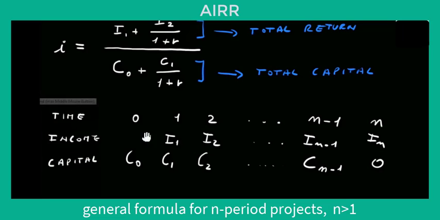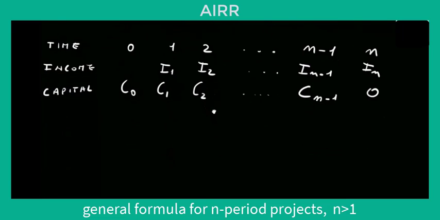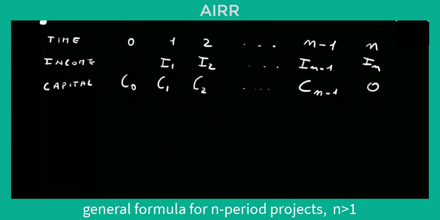Now the rate of return of this multi-period project is obtained as the ratio of the total return to the total capital. The project rate of return is the ratio of the total return to the total capital.